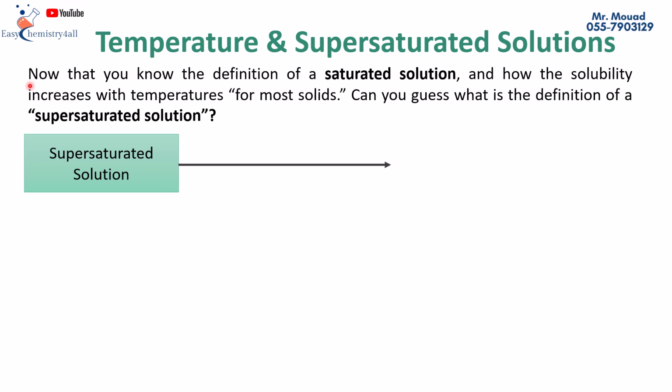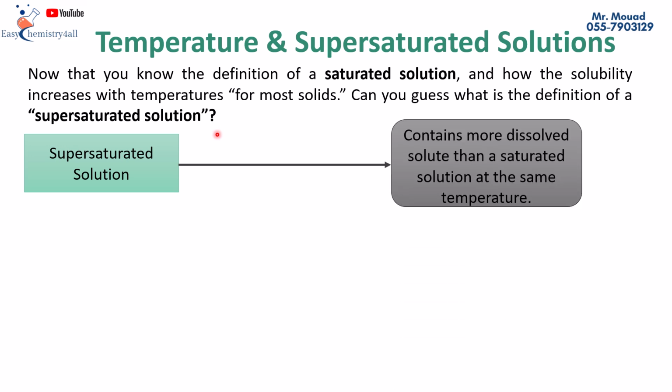Now that you know the definition of a saturated solution and how the solubility increases with temperature for most solids, can you guess what is the definition of a supersaturated solution? So basically, a supersaturated solution contains more dissolved solute than a saturated solution at the same temperature.